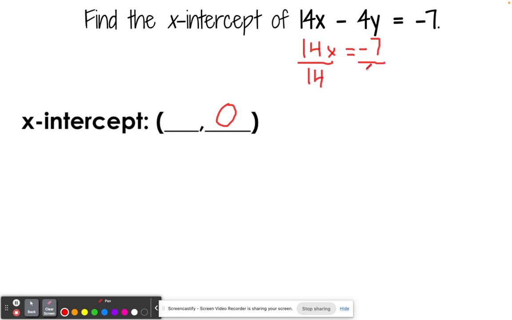And you'll see I do not get a whole number. Not all standard form equations will give you nice whole number intercepts. In this case, it's not so terrible. It's negative 1/2, if I simplify 7/14, which you can at least come close to graphing.